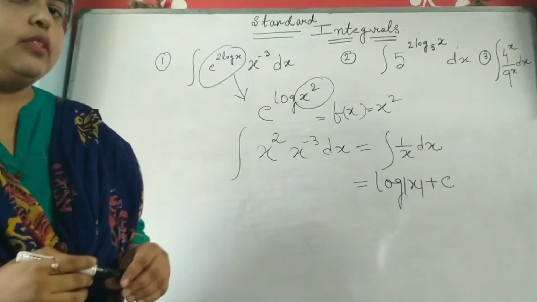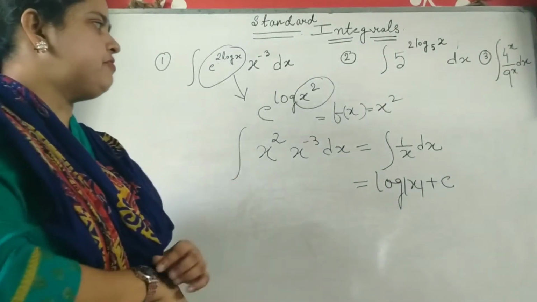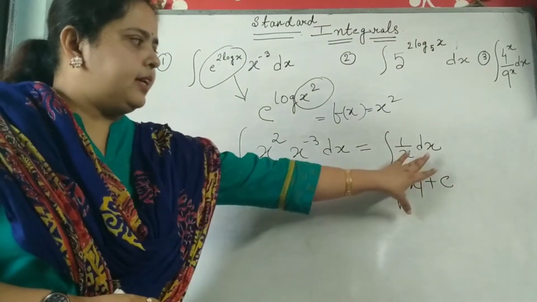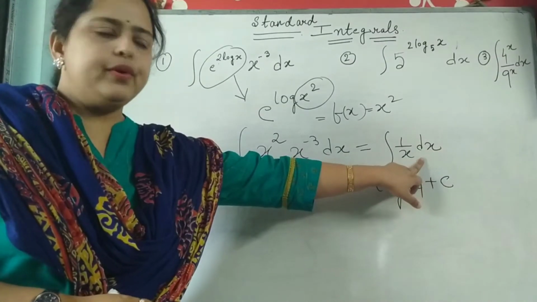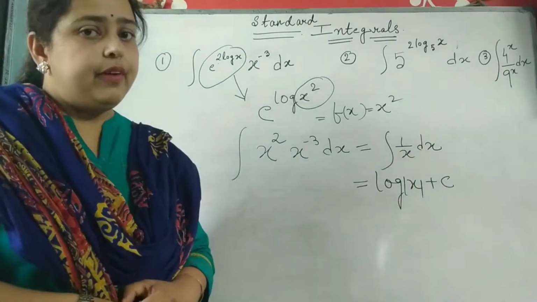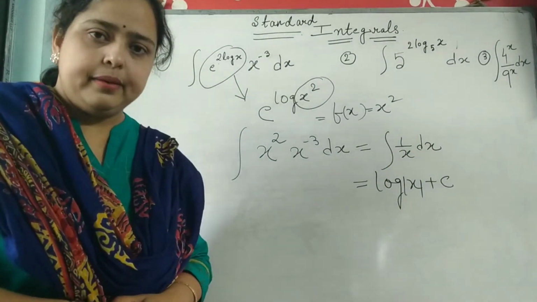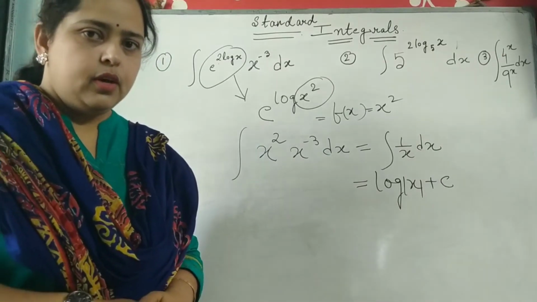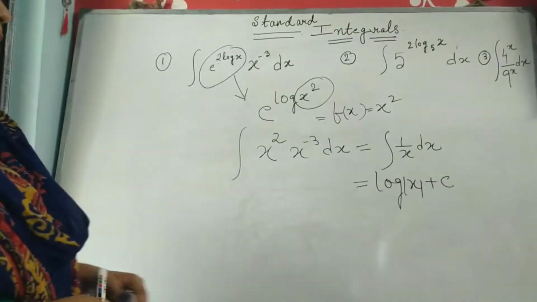So, this is what I was telling. Here, after reducing the integrand, you will be getting such type of integrands whose values are known to you directly. We don't have to put a label after it. Okay, so this is the first problem.